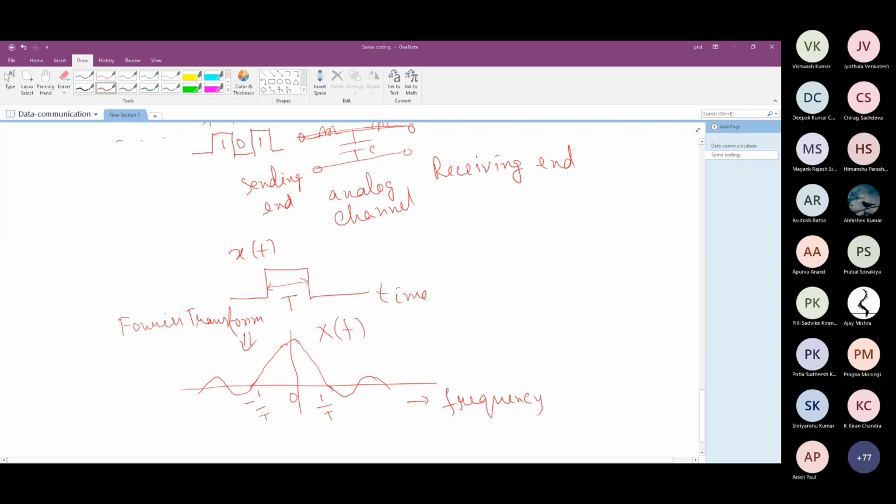Now bandwidth is a definition that is given in the frequency domain, in terms of hertz. Now if I take the Fourier transform, then it will look like this.